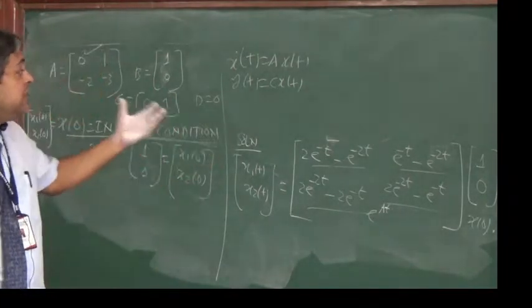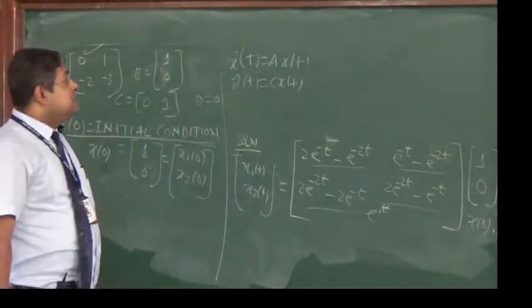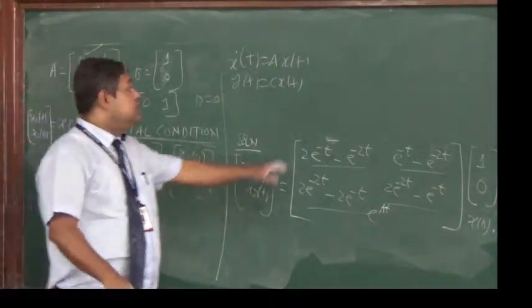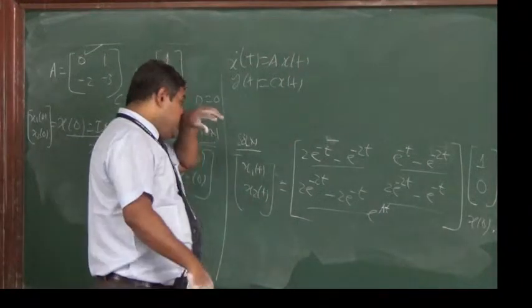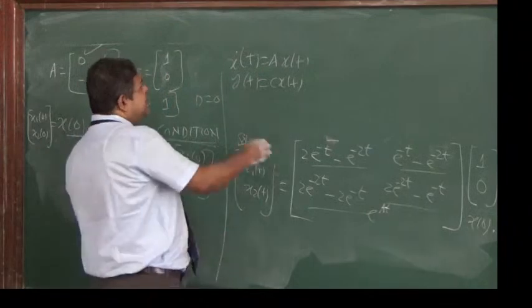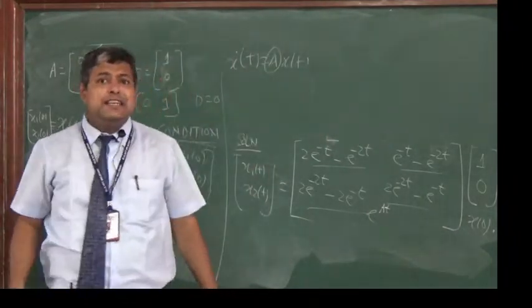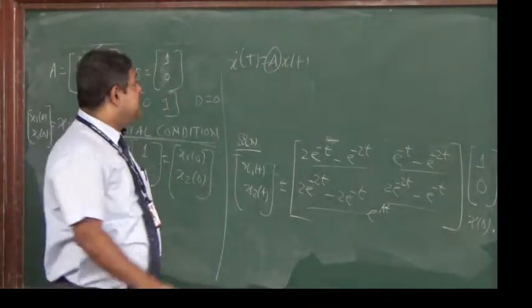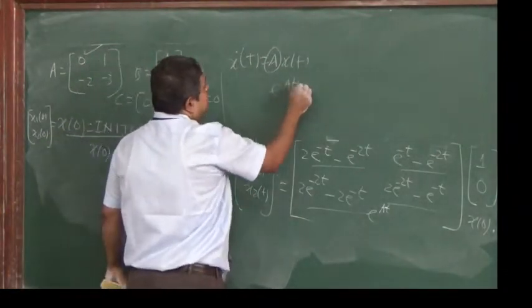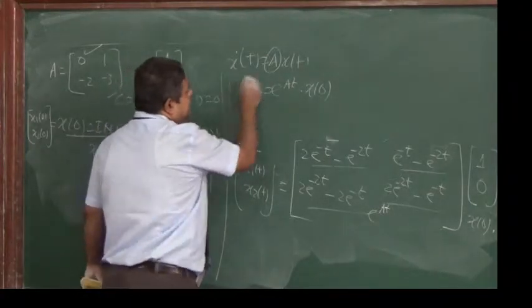This is kind of a zero input response of the system that we are finding, because the zero state response is not there, since there is no u(t) term. So we are only supposed to find the zero input response of the given system. If this is the system, we want only the A matrix to find the state transition matrix. So the first step is to find e raised to At, and the second step is to multiply x0 with that, and that is the system solution.